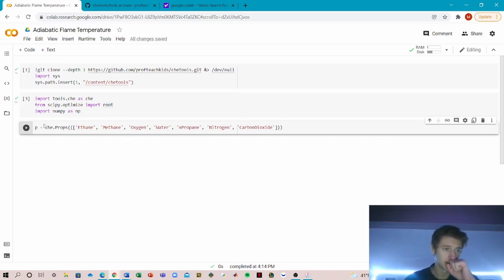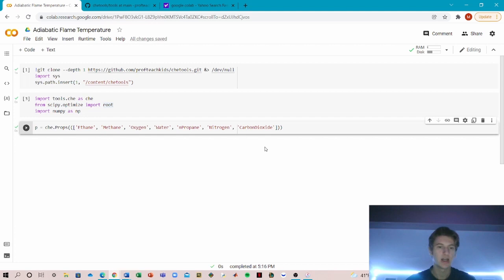And then for this line, we have P for properties equals, and then we just have a nice array of all the gases that we need and all the materials that we need. So methane, ethane, oxygen, water, and propane is the kind of link there for the tool.